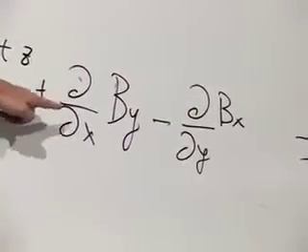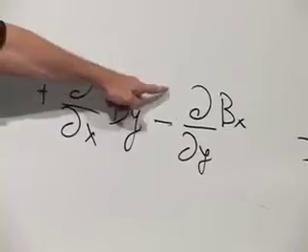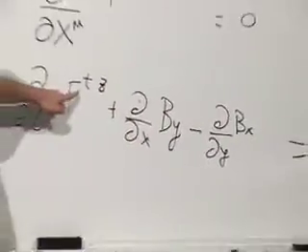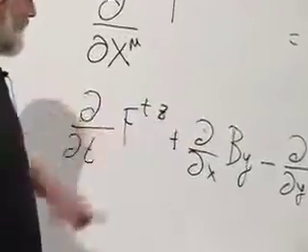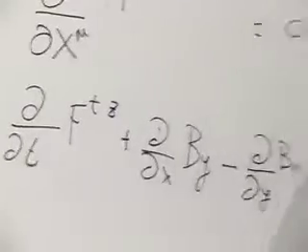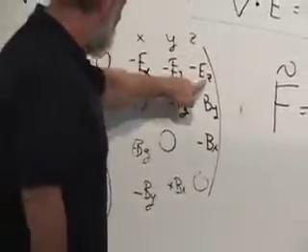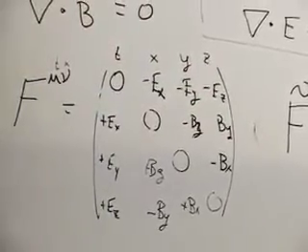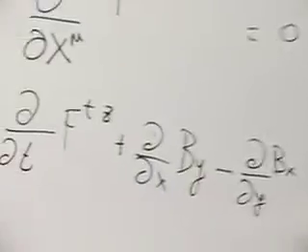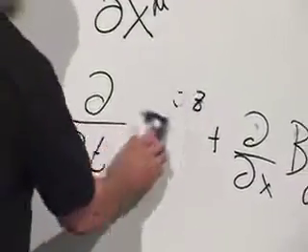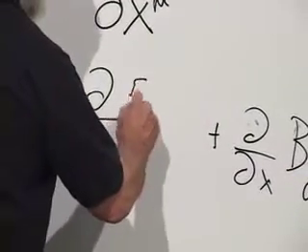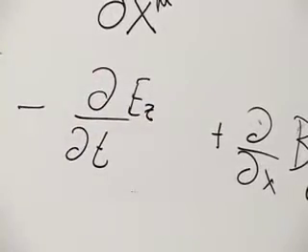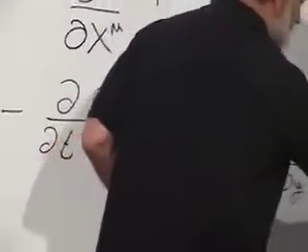This looks very much like a piece of the curl of B. And that's what it is. What about F tz? Well, we go to the t row, to the z place, and we get minus E sub z. So this is minus the derivative of E sub z with respect to t. All of that equals 0.